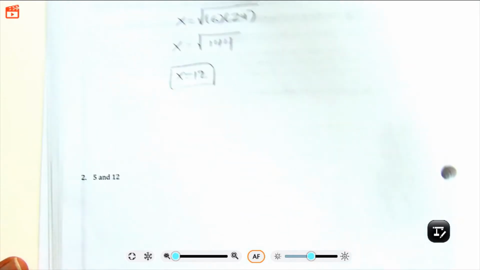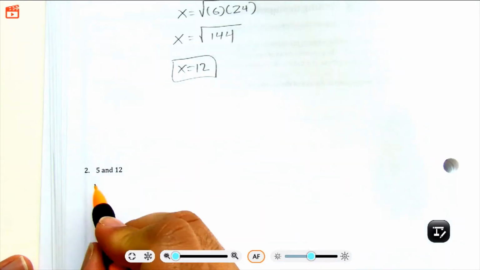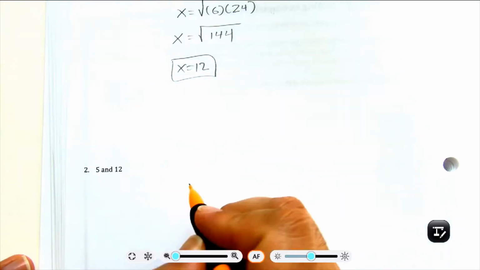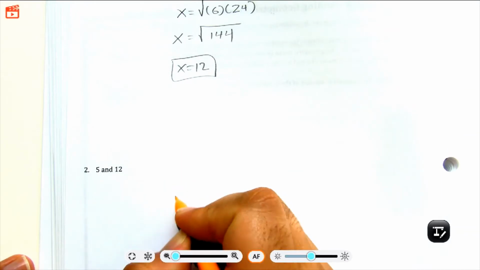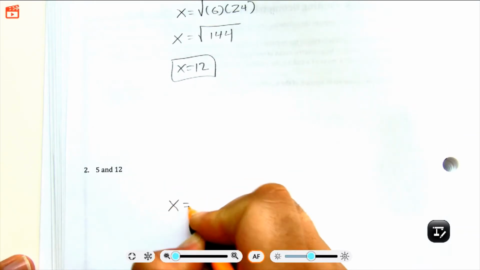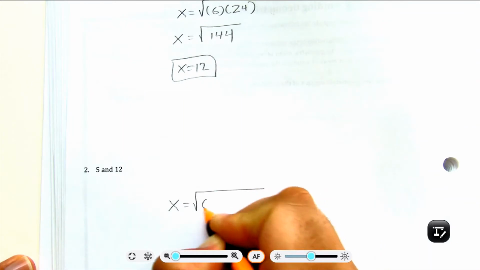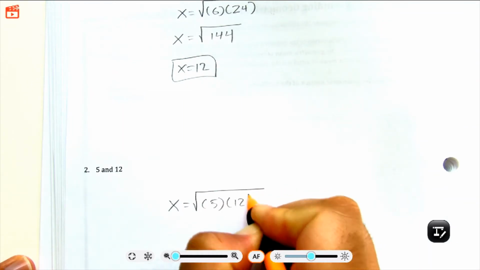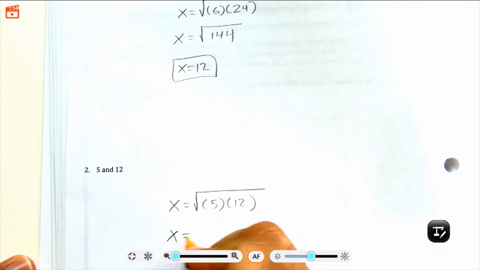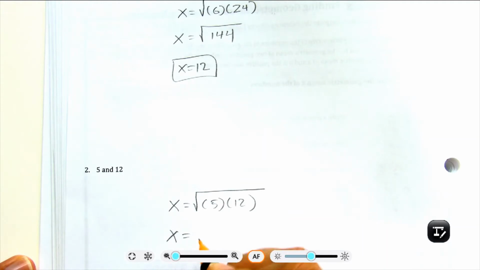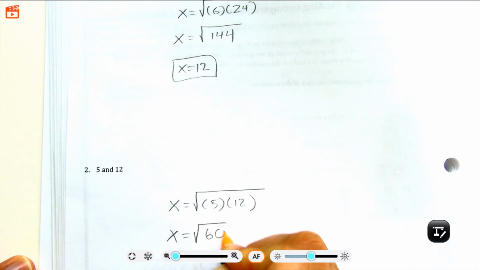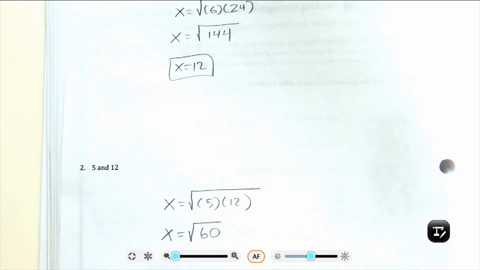Next, 5 and 12. If I was to write the shortcut, x is equal to the square root of 5 times 12. 5 times 12 is 60. So this becomes the square root of 60. And we've got to see if we could simplify this.